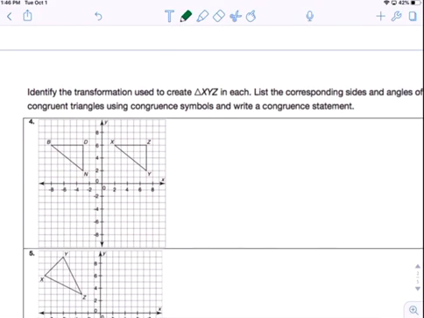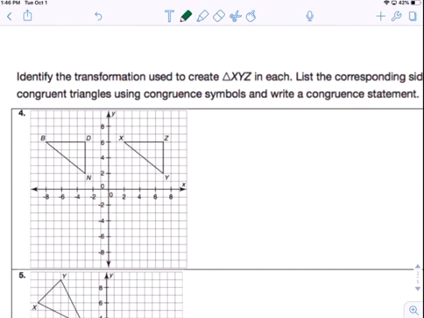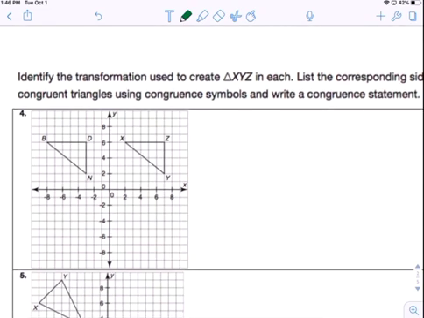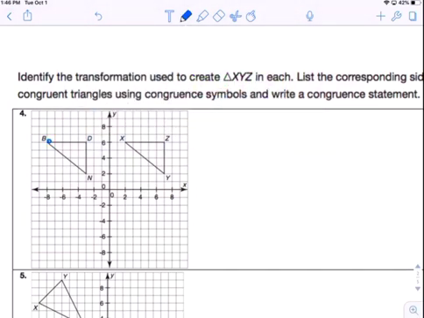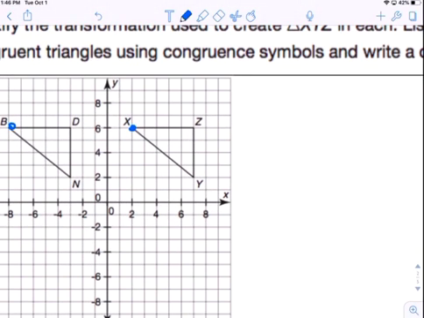Here, we want to identify the transformation. We did that in a lot of classes. This is a translation. Some classes I did not do that. This is a translation because the shape stays the same. It just slides to the right.